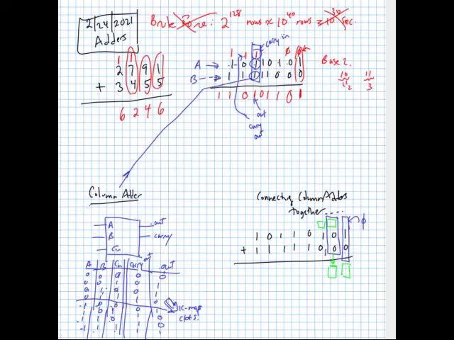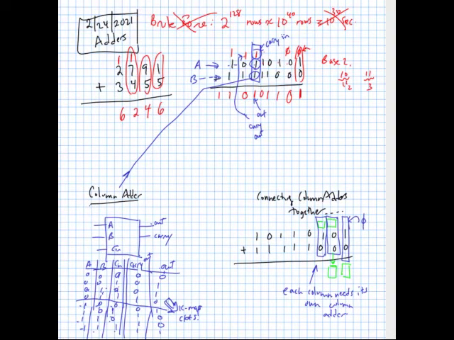And then here's the adder for the third column. So each column needs its own column adder. So we can maybe see how this is going to work.